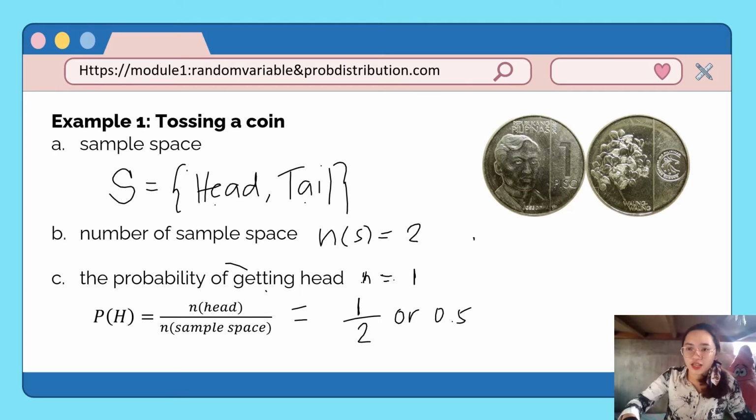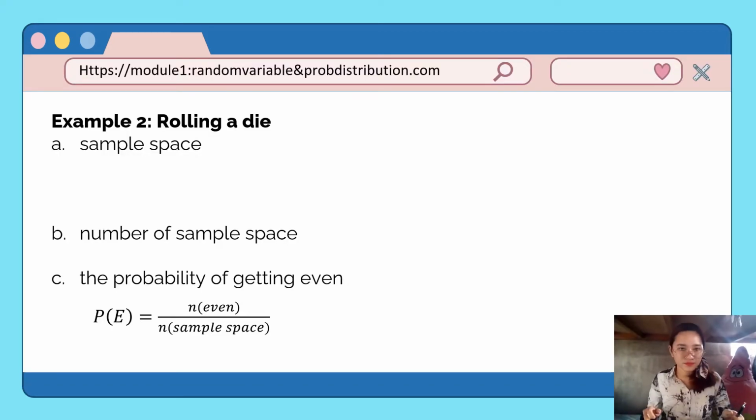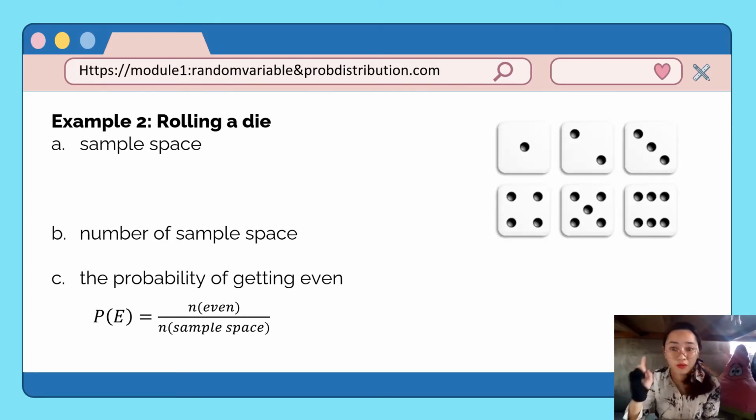Okay, so let's have another example. Second example of an experiment is rolling a die. So, kapag nag-roll tayo ng die, ang lalabas lang naman dyan ay either yung 1, yung 2, yung 3 na dots, yung 4 na dots, yung 5 na dots, at yung 6 na dots. At syempre, since isang die lang yan, yan lang yung lahat ng possible outcome na pwedeng lumabas.